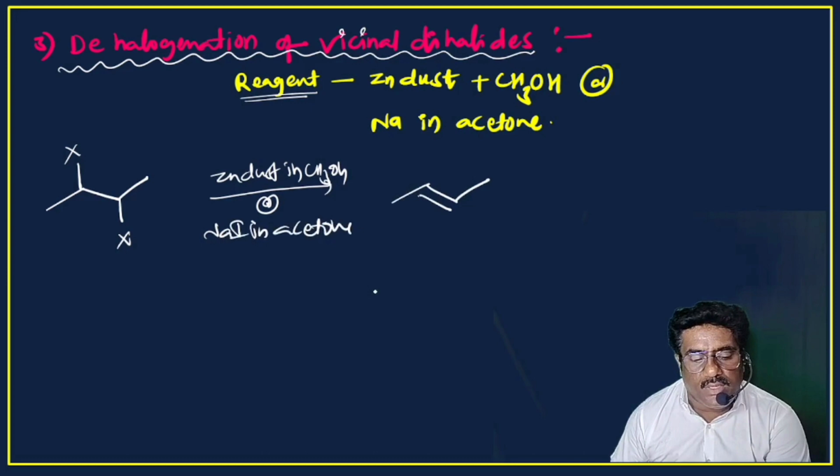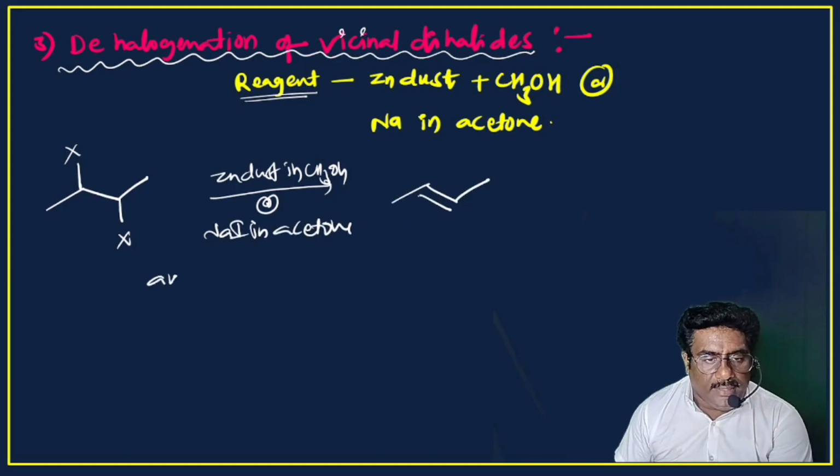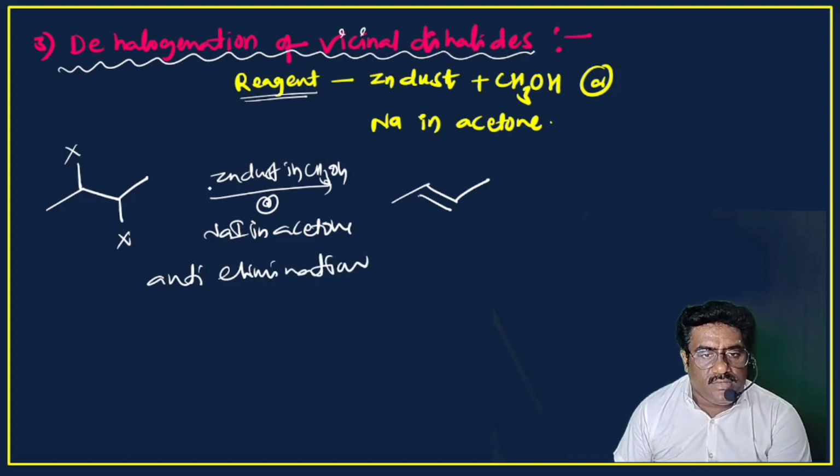It gives alkene. It is an anti-elimination. Vicinal dihalide to alkene in presence of zinc dust, methanol or sodium iodide acetone.